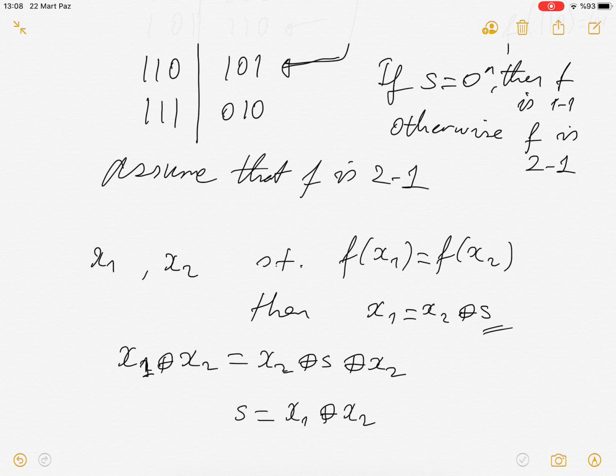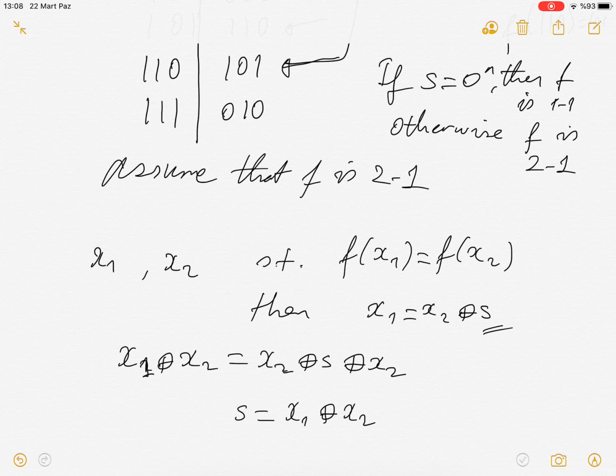Now, if the function is 2-to-1, we won't have to evaluate the function for more than half of the inputs before we get a repeat.